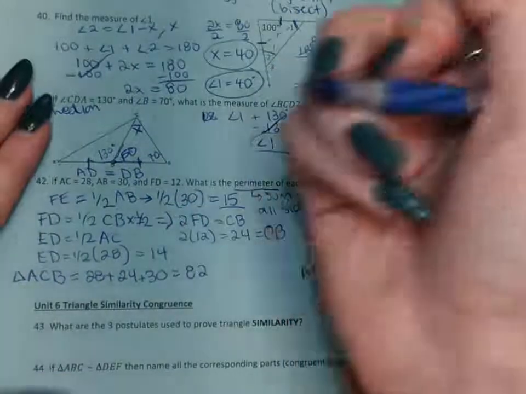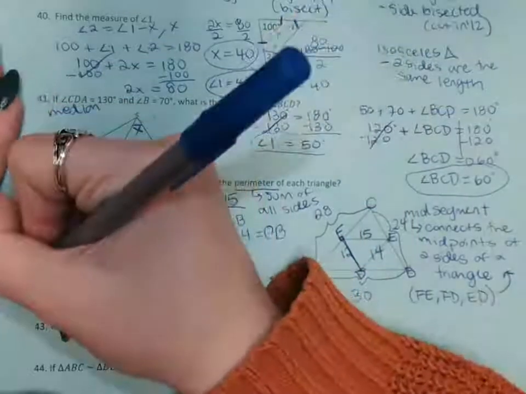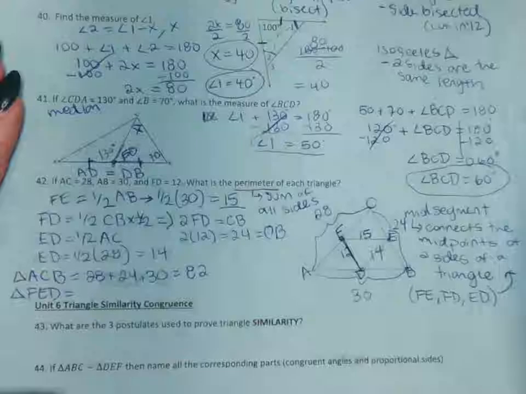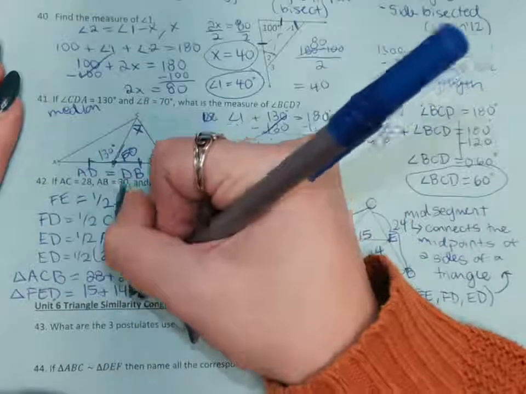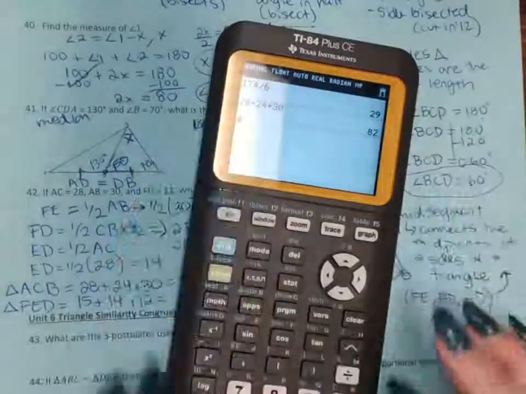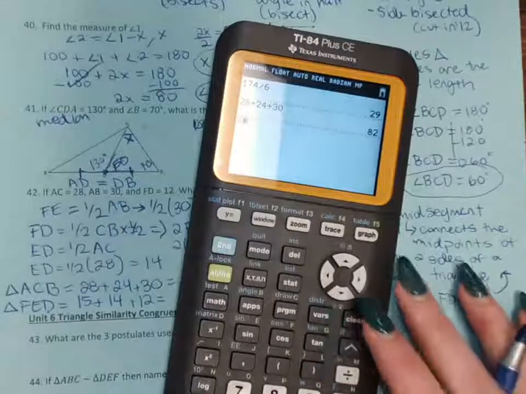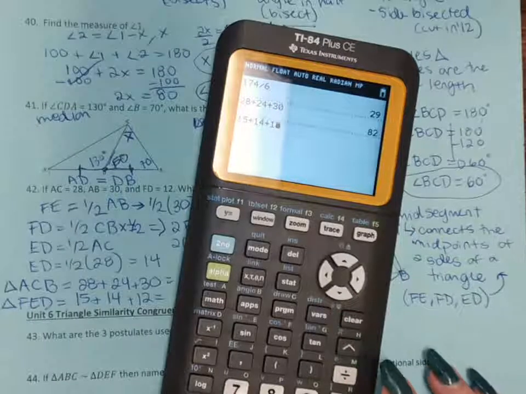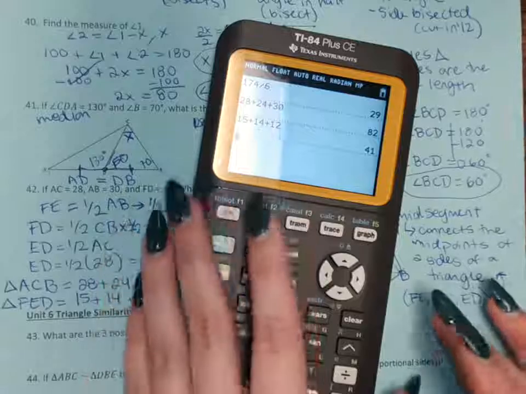And then for triangle FED, it's going to be 15 plus 14 plus 12, which is 41.